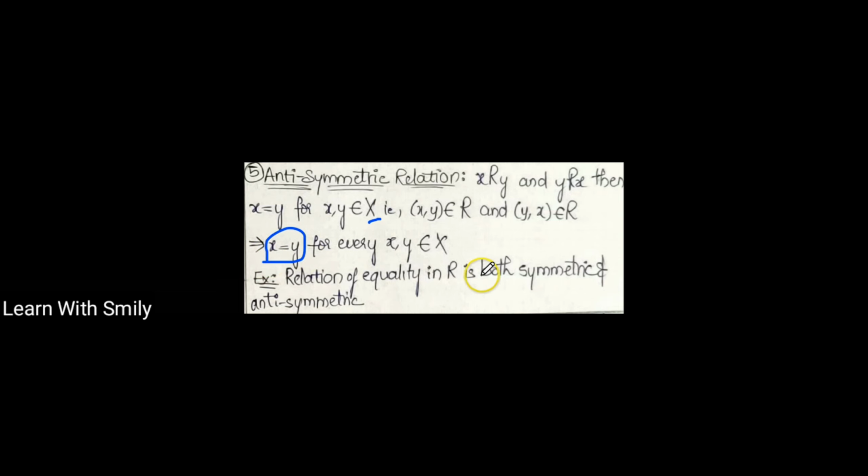This is antisymmetric. Symmetric is something that ends at the exchange, but here it is saying both elements should be equal if it satisfies this. Relation of equality: equality satisfies both symmetric and antisymmetric too.